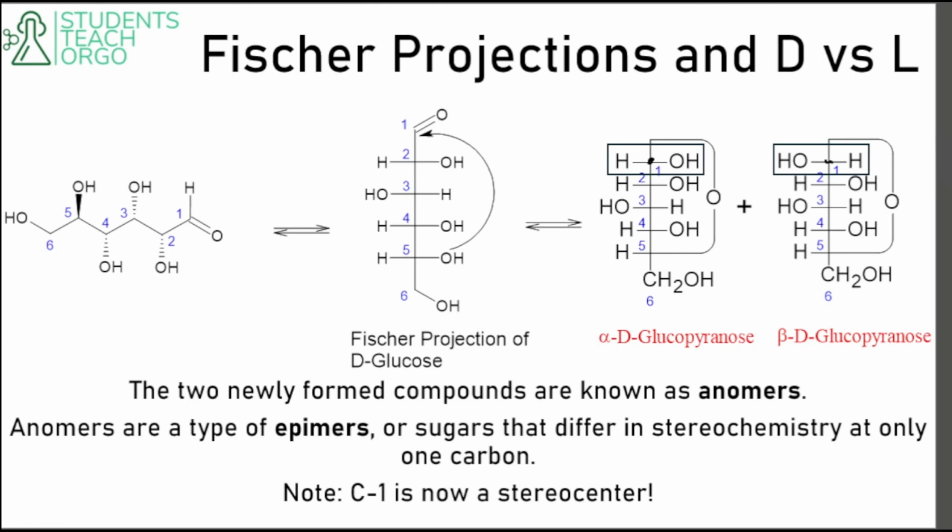Starting with the Fischer projection. Okay, so this is the linear form of glucose. As you can see, it's not very easy to go from a linear form to a Fischer projection. Why is that? Well, let's say you start pairing the different types of bonds, like wedge or dashed. At 2, this is wedge, that's dashed.